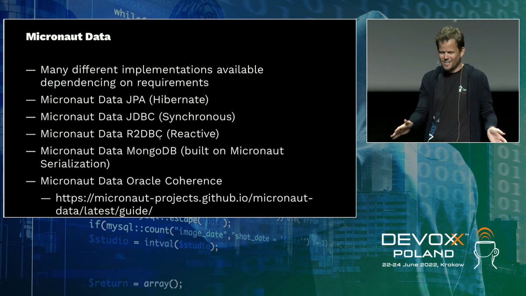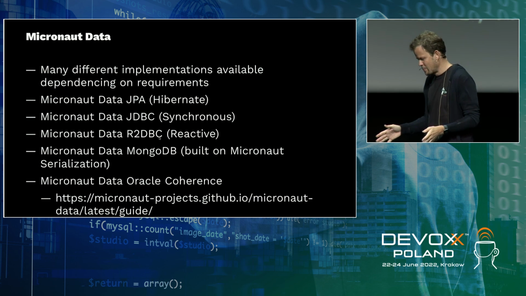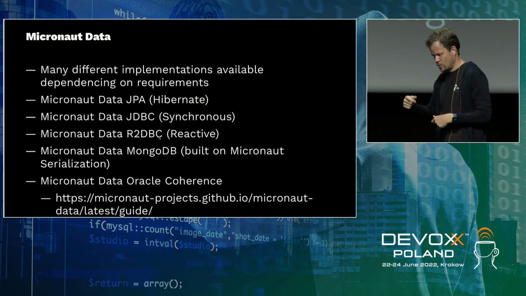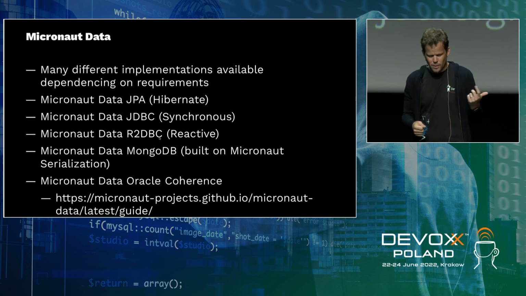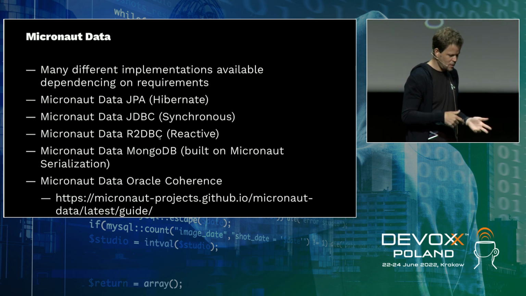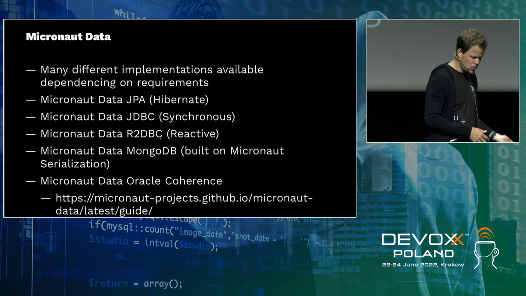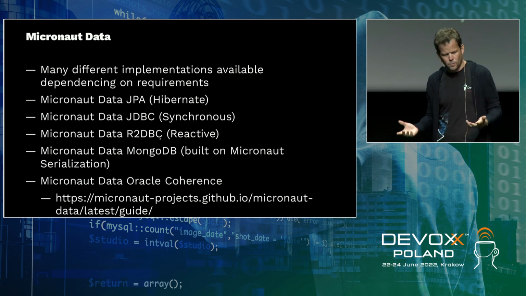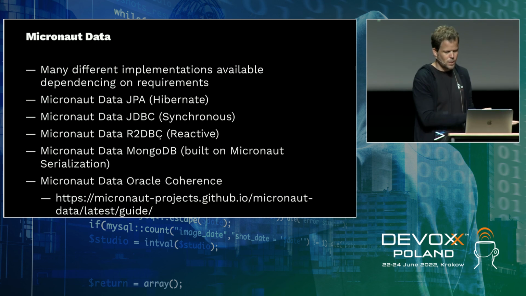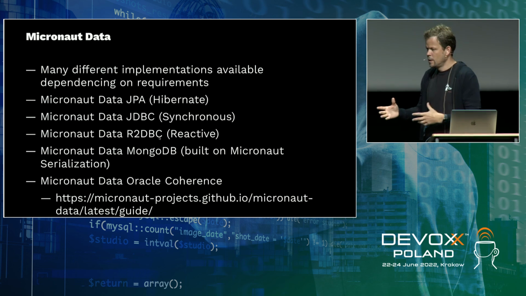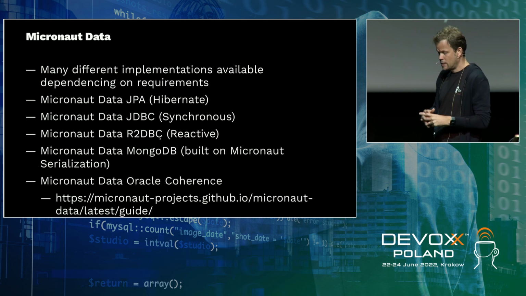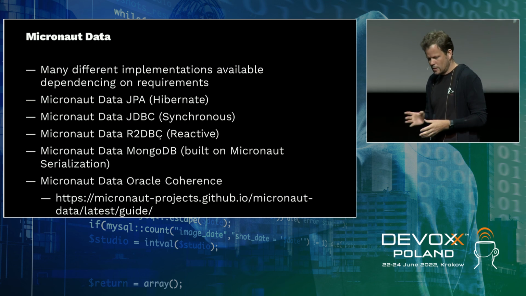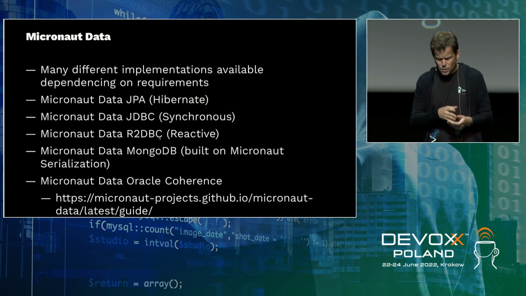It's that simple. There's no session, no runtime proxies, no lazy loading that confuses you. There's none of that stuff that comes with Hibernate, which a lot of people love, but I like keeping my applications lightweight. So Micronaut Data JDBC is awesome, which is the synchronous implementation.